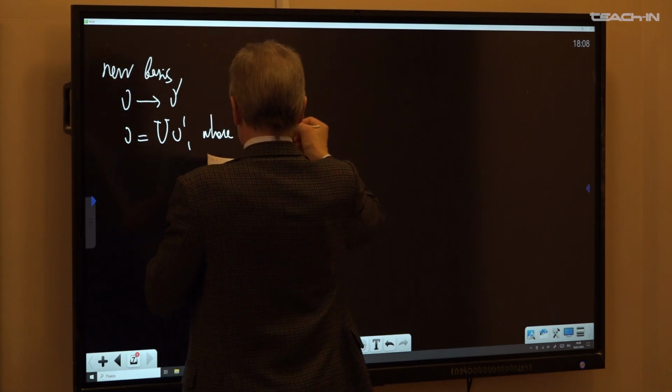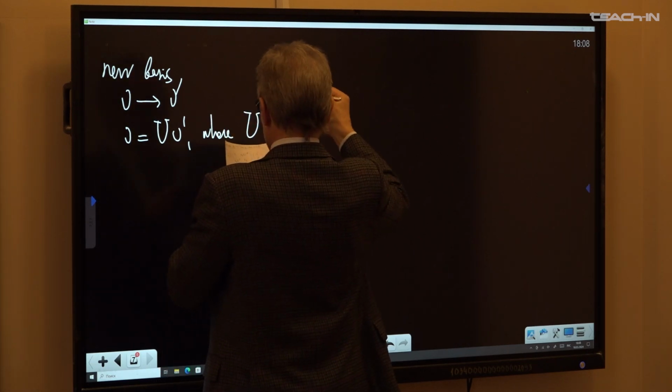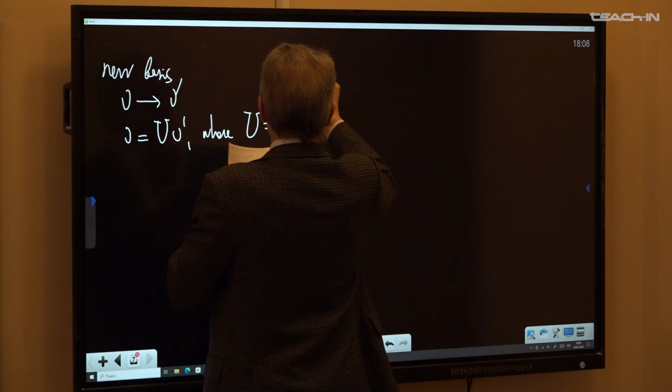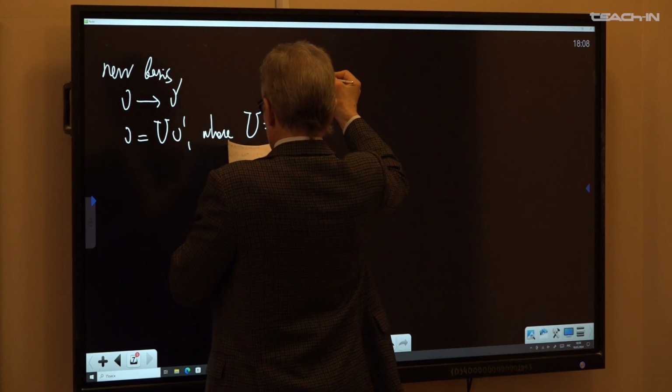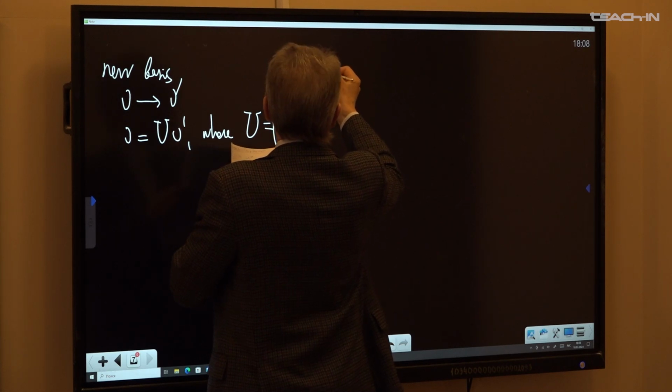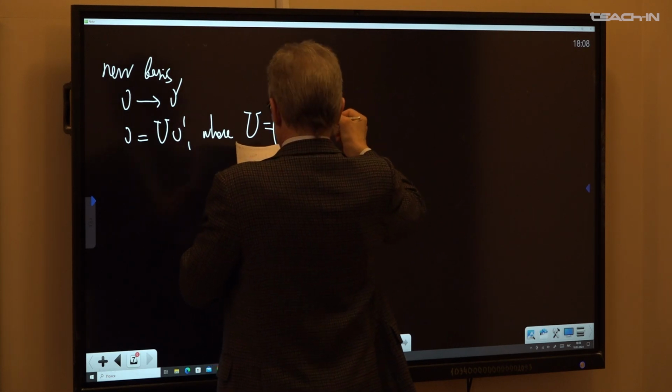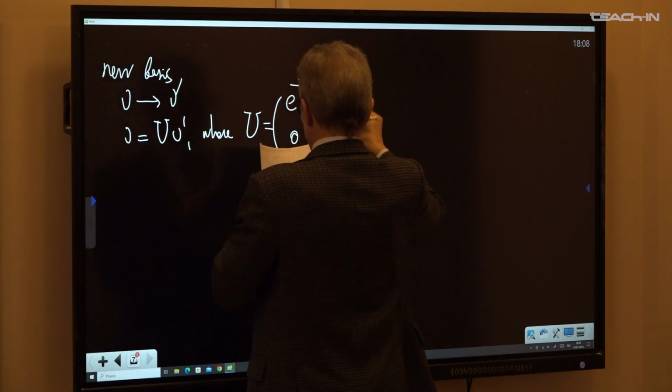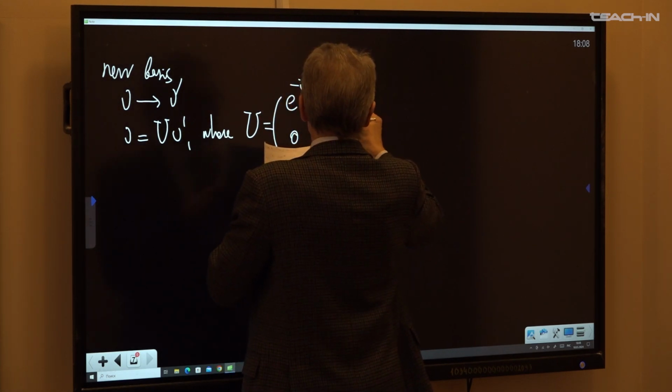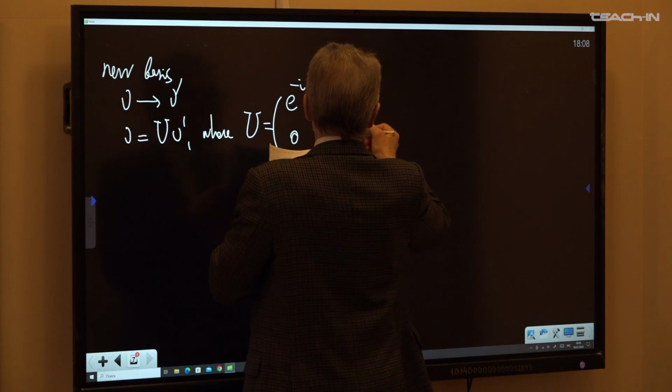U now is nothing but the matrix with exponent minus i phi divided by 2, 0, 0, exponent i phi divided by 2.